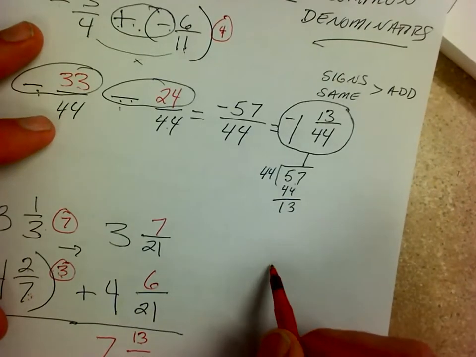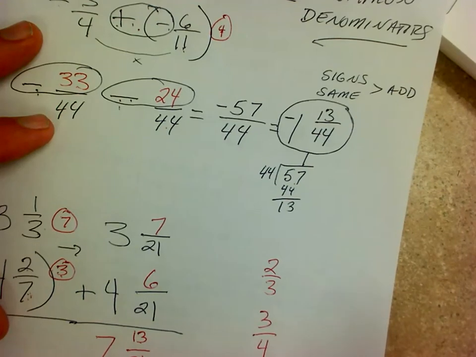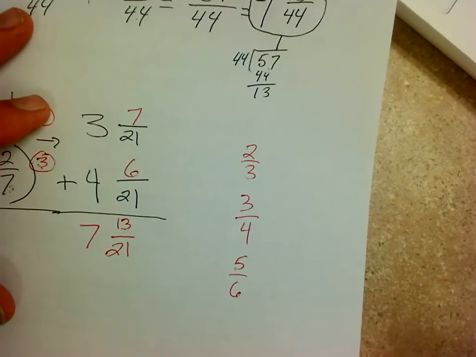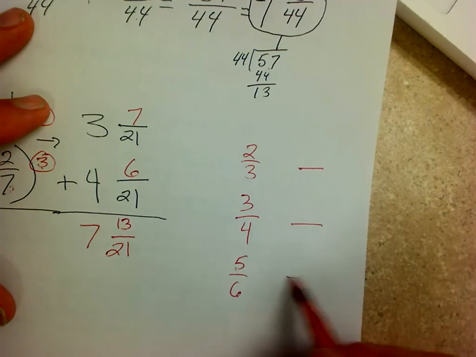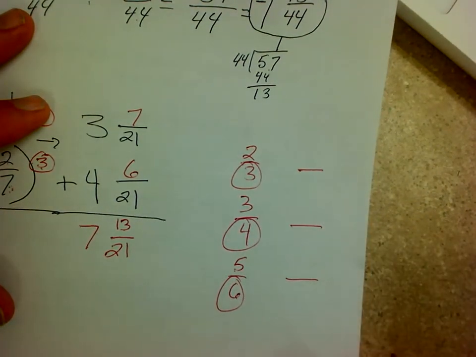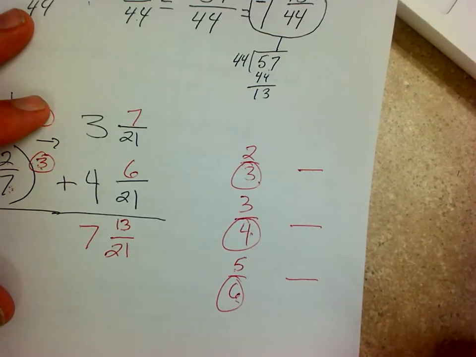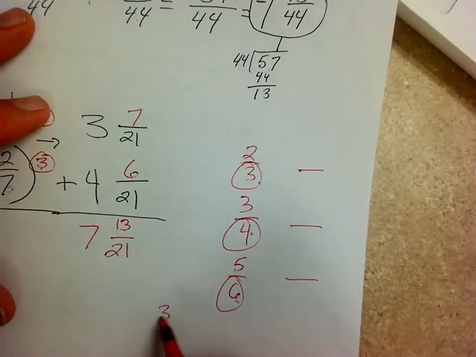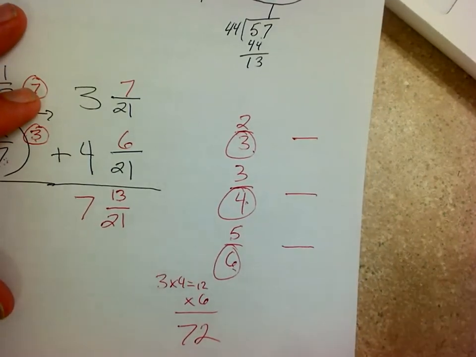Remember, if we would have three fractions that we would have to put together, we need to make all three bottoms the same. In which case you could multiply 3 times 4 times 6. 3 times 4 is 12 times 6, we would have 72.